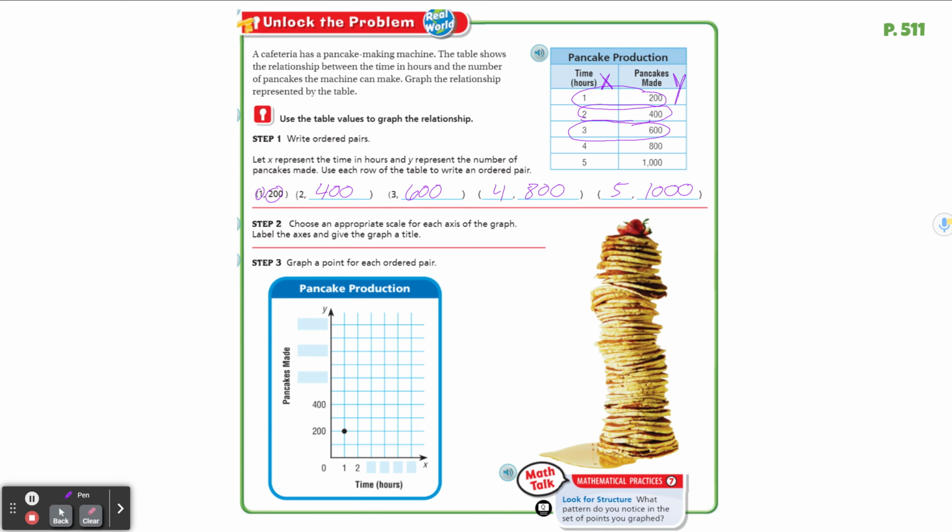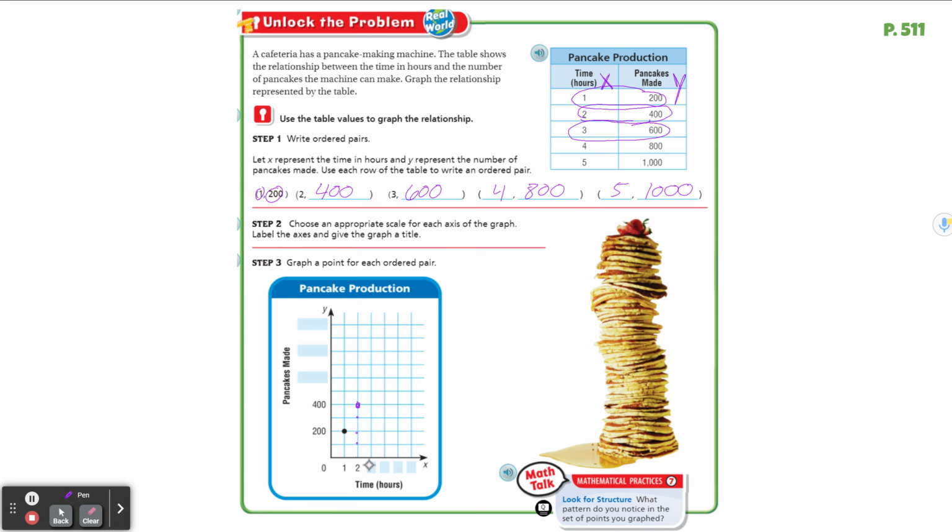Our second one is 2, 400. So we're going to go over 2 and then up to 400. 1, 2, 3, 4. So we're going to put our dot right here. And now I'm going to think they only gave us 1 and 2. So to fill in the rest of this, we're going to keep counting each time it's 1 bigger.